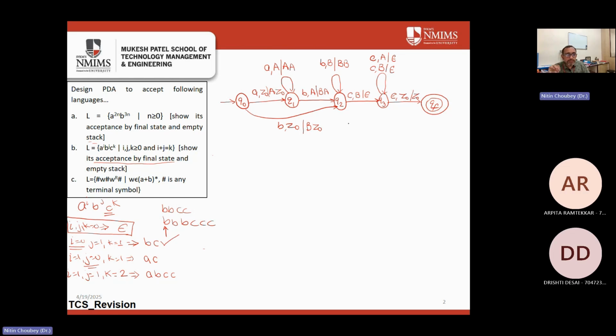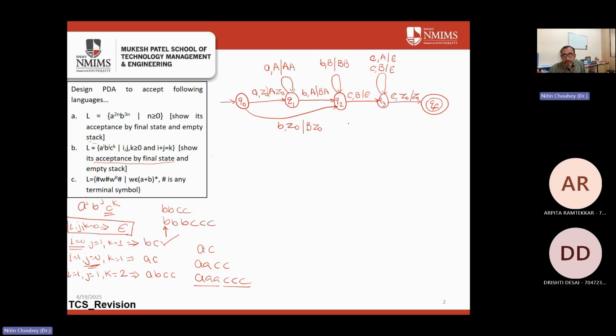Now the third case, when I has some non-zero value and J is equal to 0, this is nothing but the scene like this: A, C, A, A, C, C, A, A, A, C, C, C, and so on. That means we have the same number of A's as C's, and we do not have B available there.